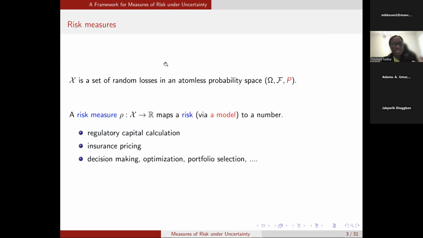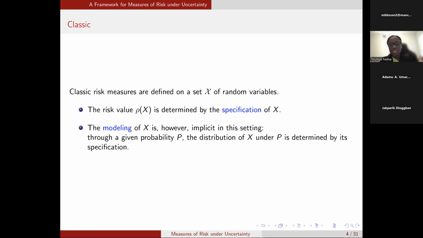So now this is basically the definition for risk measure. I'm going to use rho to denote risk measure. I just define it on this set of random losses. You map a risk via a model. In this case, P, the probability measure here, is fixed or known. And then we map the risk to a number. Risk measure is used for regulatory capital calculation, insurance pricing, decision-making optimization, and portfolio selection.